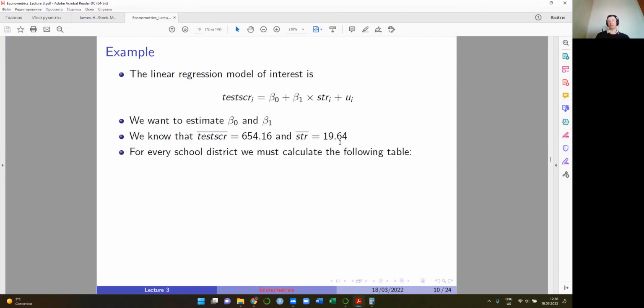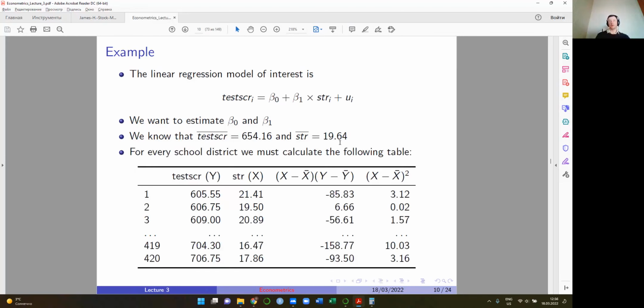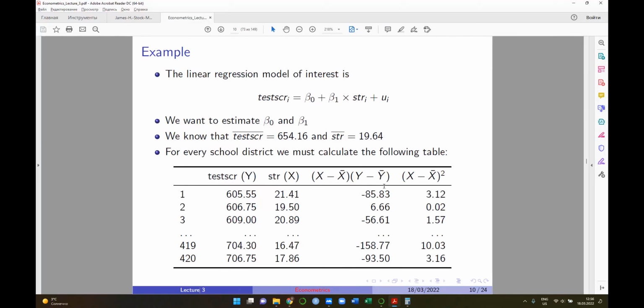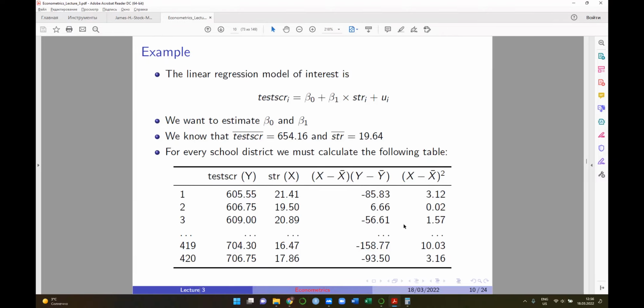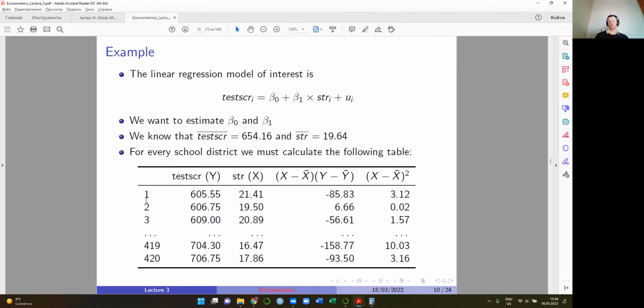And for every school district, we must build the following table. If we want to calculate beta 0 hat and beta 1 hat, we must build this table, calculating for every school district this and this deviation.